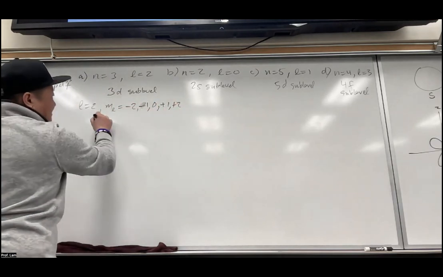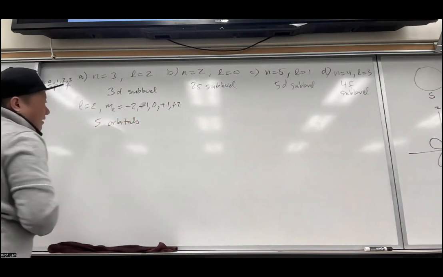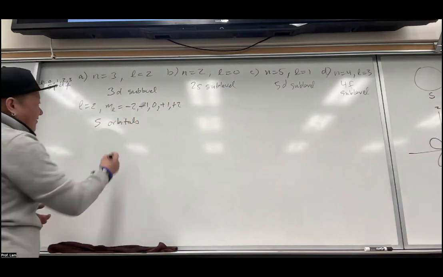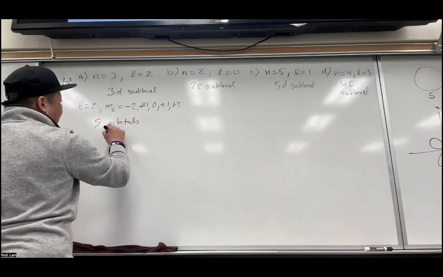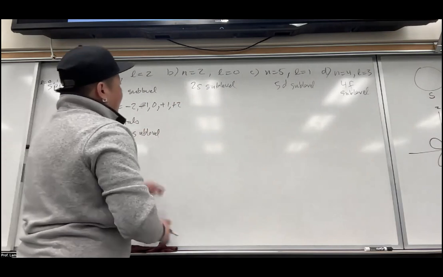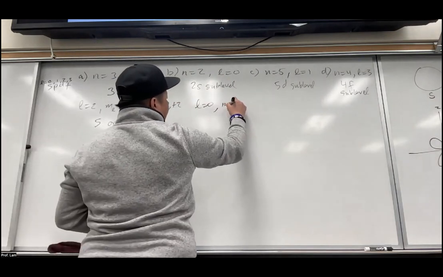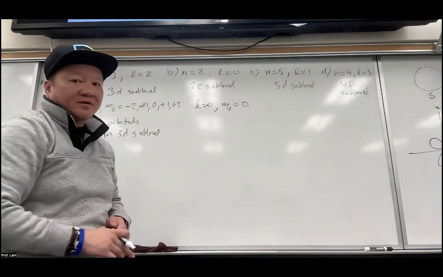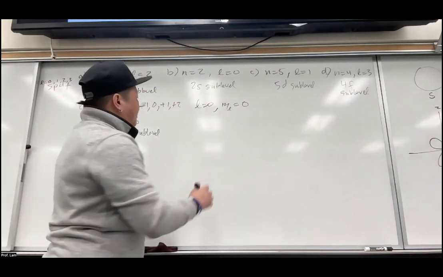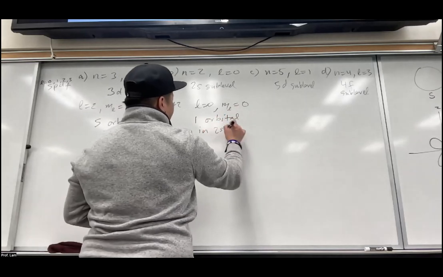So how many orbitals is that? 5. So there are 5 orbitals in the 3D sublevel. Let's do it for this one. When L is equal to 0, ML is just 0. So how many values is that? It's just 1. So we only have one orbital in the 2s sublevel.